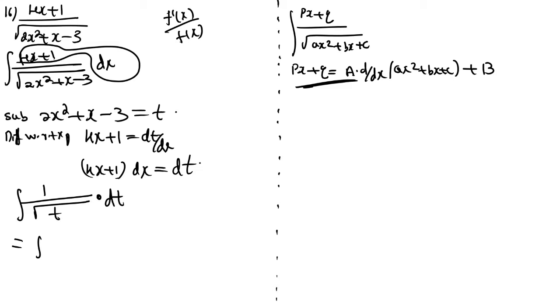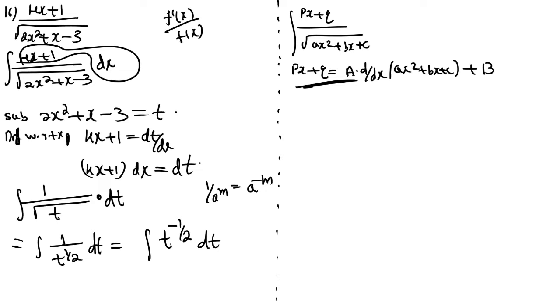We know it's equal to 1 by t to the power 1 by 2 into dt. This is equal to integration of t to the power minus 1 by 2. Why? 1 by a to the power m, if you take to the numerator, you will get a to the power minus m. So t to the power minus 1 by 2 into dt.